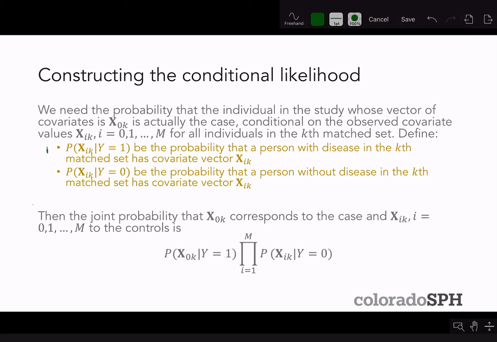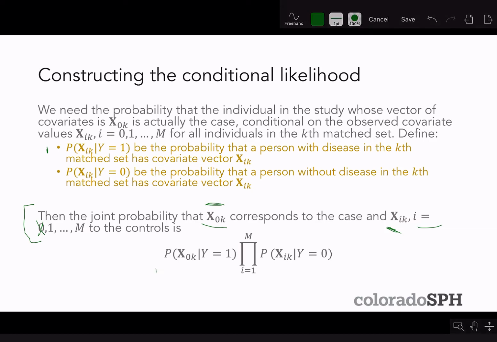Then you can calculate the joint probability that x_0k corresponds to the case, and all of the other covariate vectors are the controls. And this actually should be 1 to m, not 0 to m.